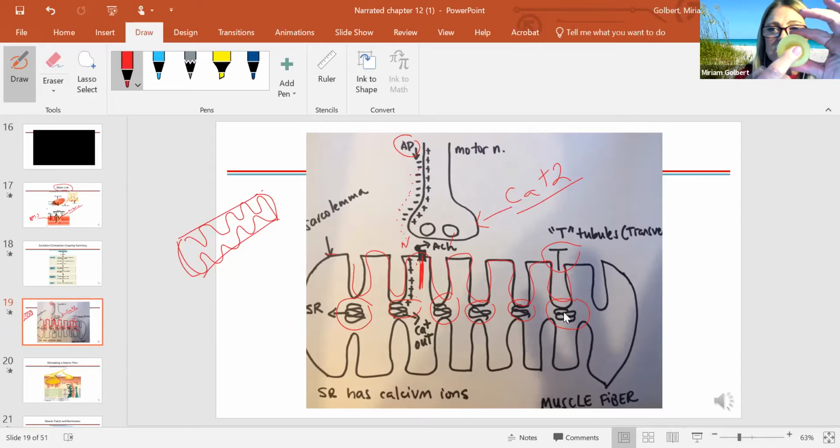And the center of the cell is where I have the sarcoplasmic reticulum. Got it? We're going to be depolarizing the outside, but it will never reach that little dot, which is the sarcoplasmic reticulum.